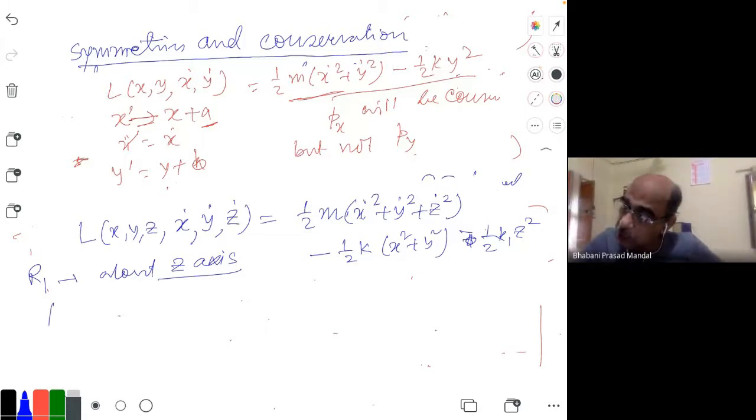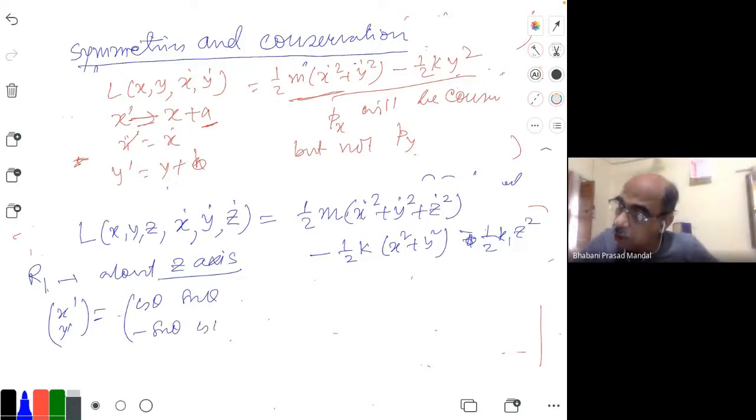So for the z axis rotation, x prime, y prime will be cos theta, sin theta, minus sin theta, cos theta, times x, y.